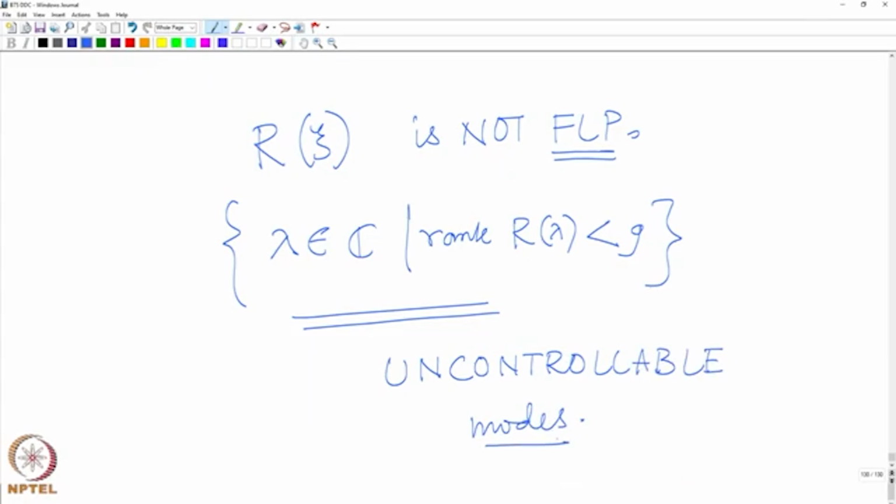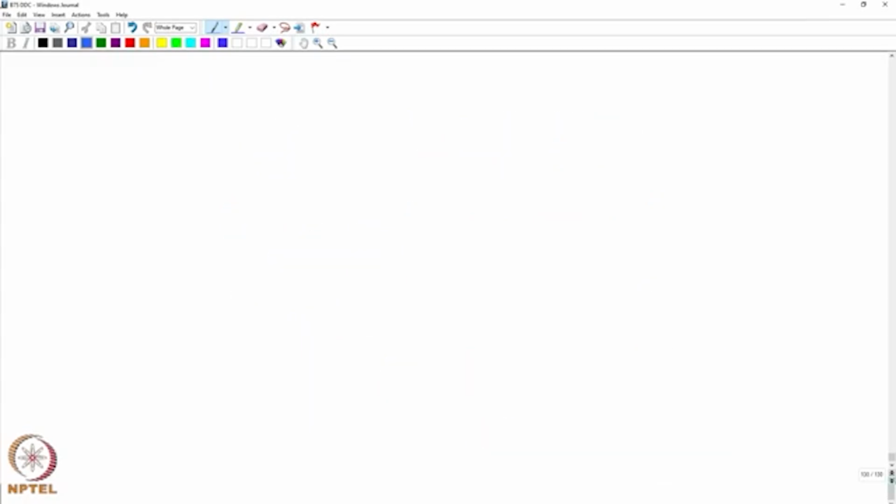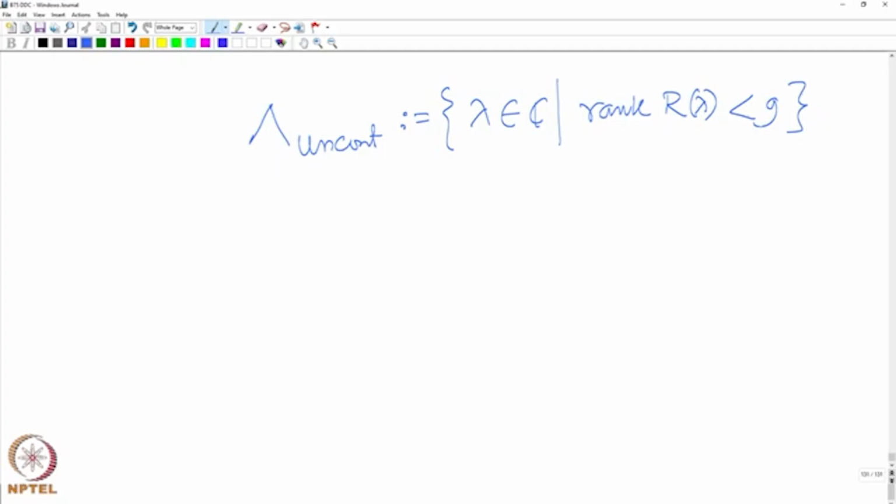And then just like in multivariable control, some systems may not be controllable, but have their uncontrollable modes, lambda uncontrollable, which is by definition this set. If this is in the open left half of the complex plane, then at least these uncontrollable guys will die down as t tends to infinity.